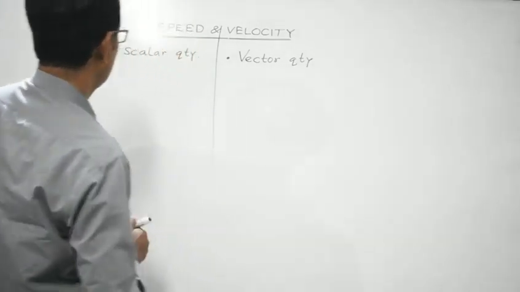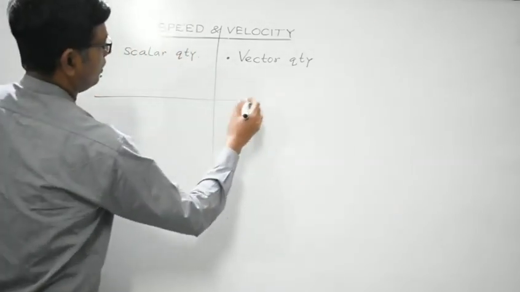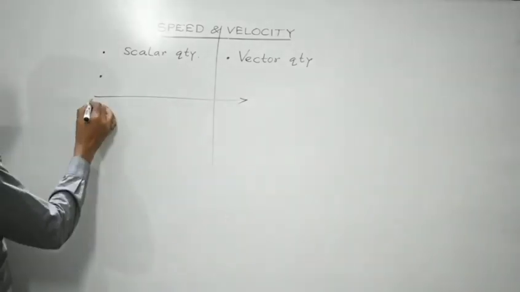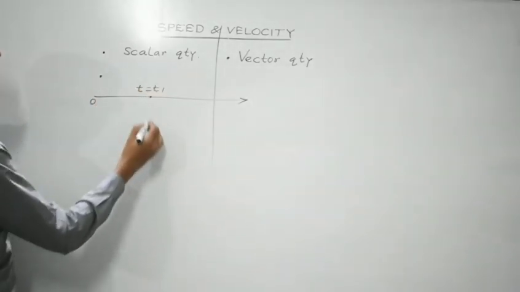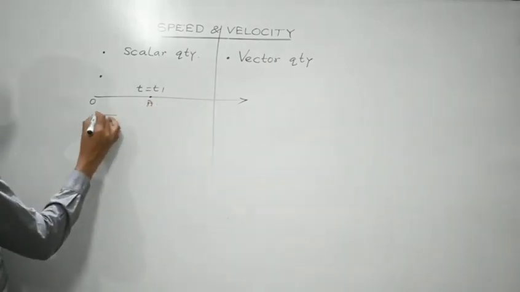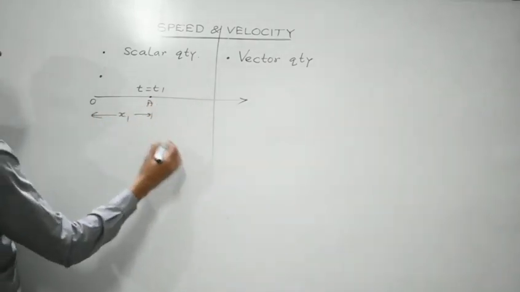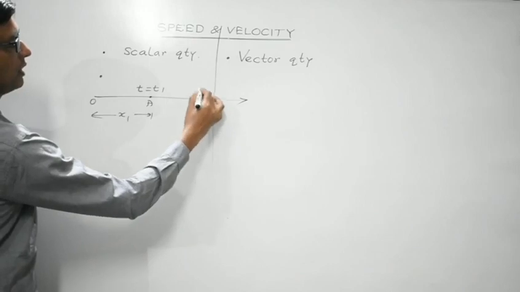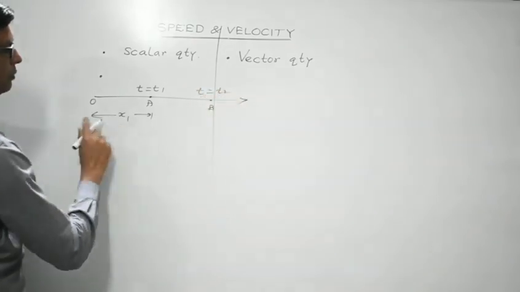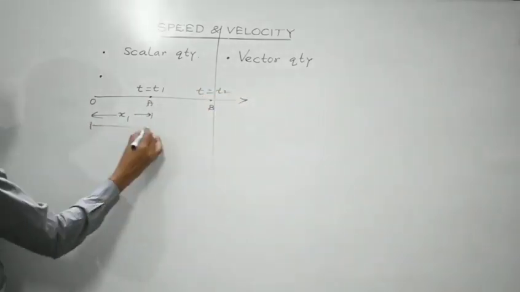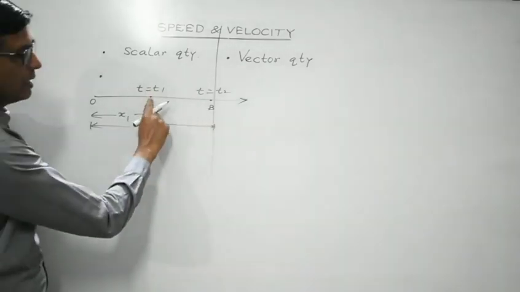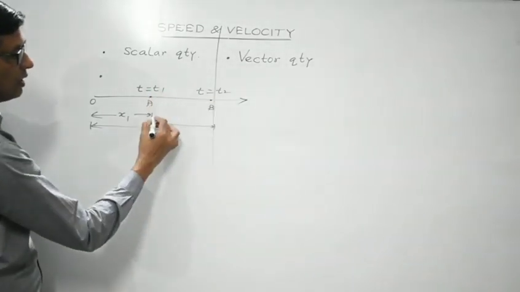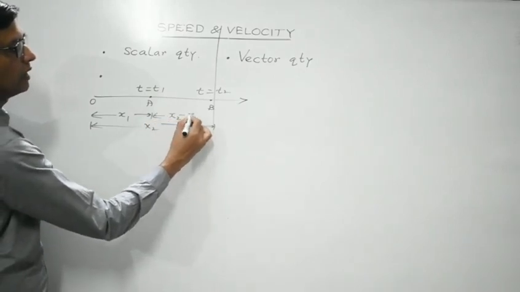I'll give you an example. Let us consider at t equals t1, suppose the body is over here and this distance is x1. Suppose at some later instant t equals t2, the body is at point B, at distance x2. So during time interval t2 minus t1, it has covered a distance of x2 minus x1.